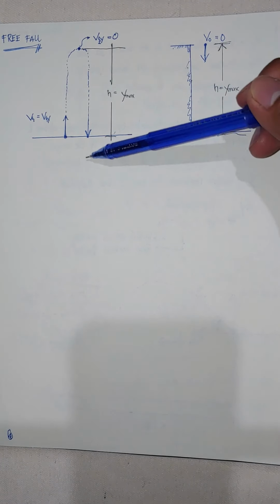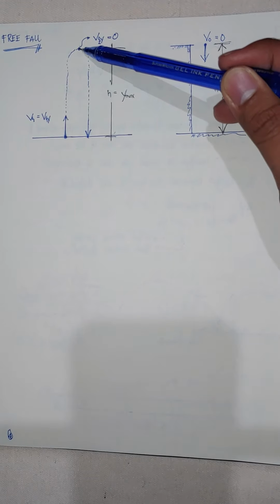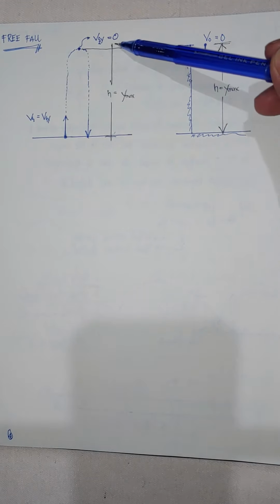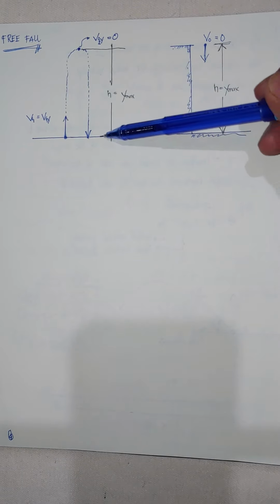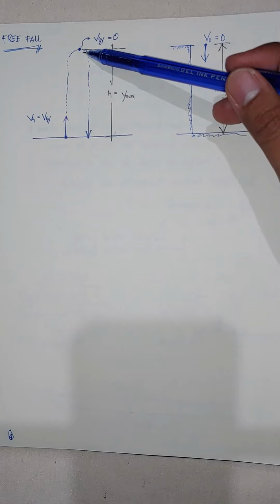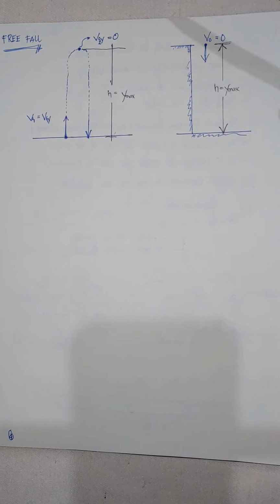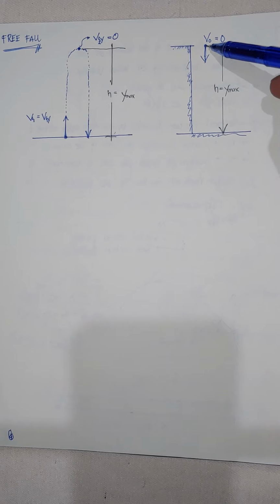Then from this point downward, this becomes our initial velocity for the downward motion, which is 0, and then it falls. This is our maximum height reached by the projectile. The other case is a free fall dropped from above going downward. So this is a free fall.